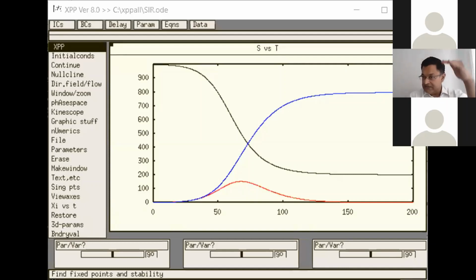So the number of susceptible people actually goes down. When the number of susceptible people actually goes down, the infection is going to find fewer and fewer people to infect, at which point it starts to turn around. That means it cannot continue to grow. It actually starts to turn around, it levels off, and then it actually goes down, right?